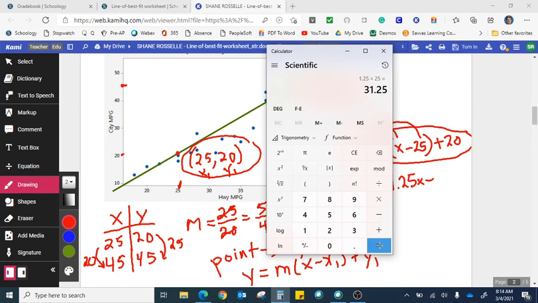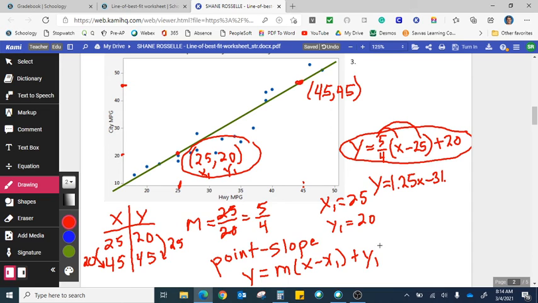So that's minus 31.25, and then I have to say plus 20. Those are like terms. I don't want to just leave it like that. I want to simplify it, right? So I'm going to say y equals 1.25x, and my y-intercept on this one is going to be minus 11.25.